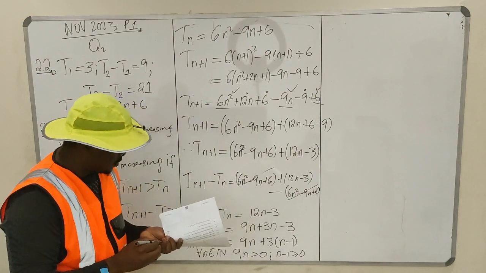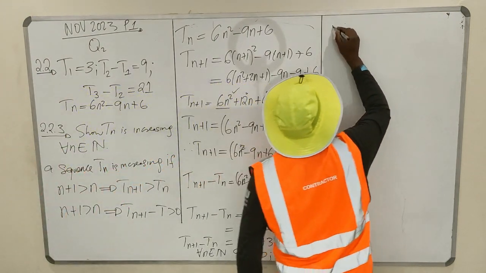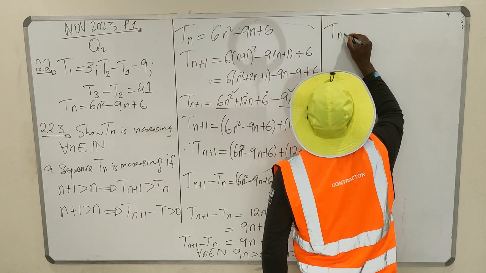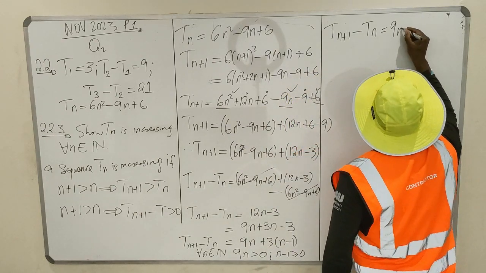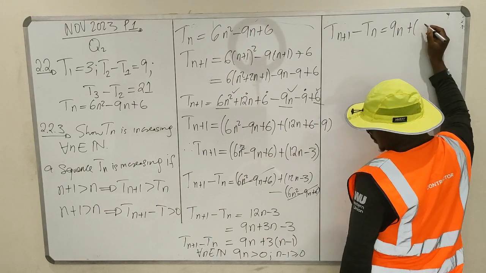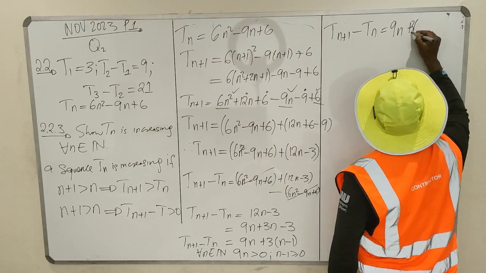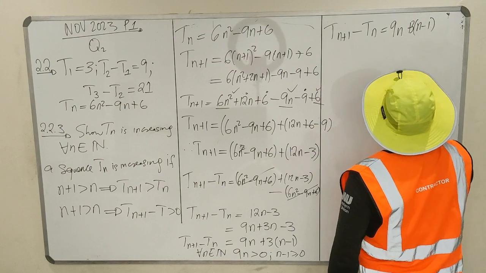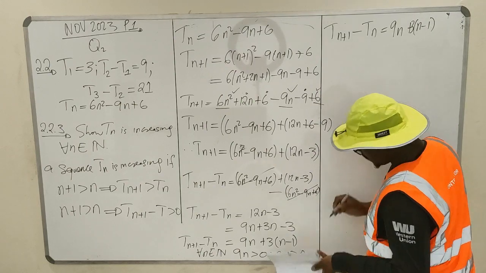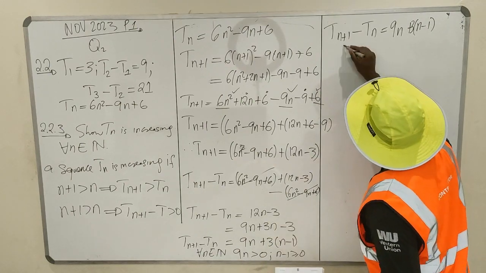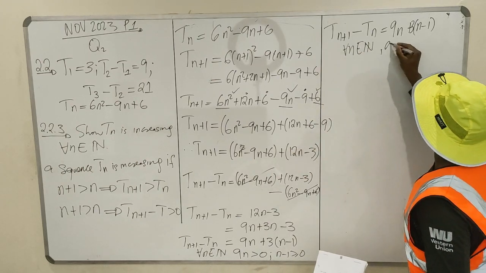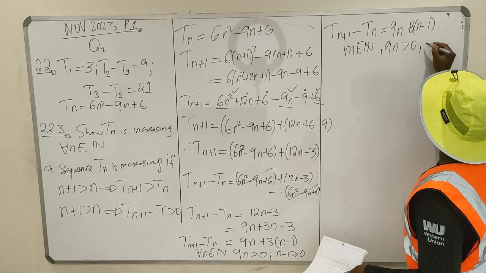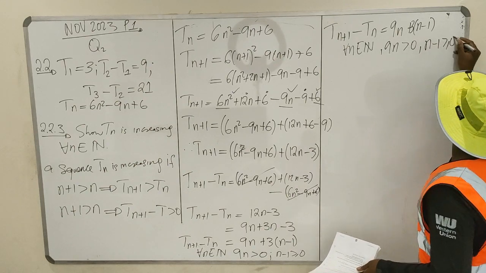So that means that you have Tn plus 1 minus Tn equal to 9n plus 3 into n minus 1. We're saying that for all n an element of natural numbers, this 9n is obviously greater than 0, and n minus 1 is greater or equal to 0.